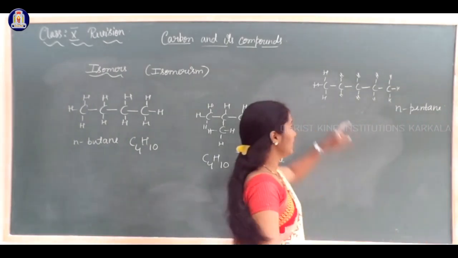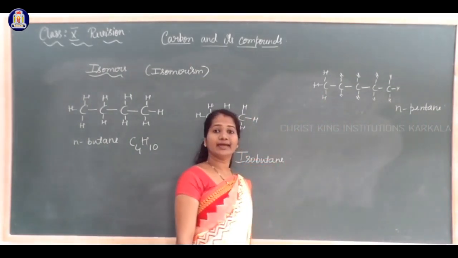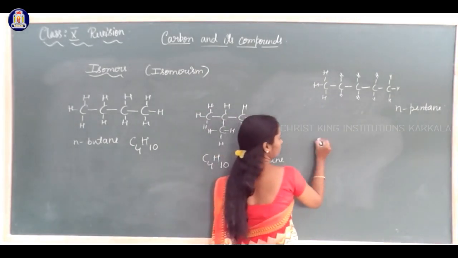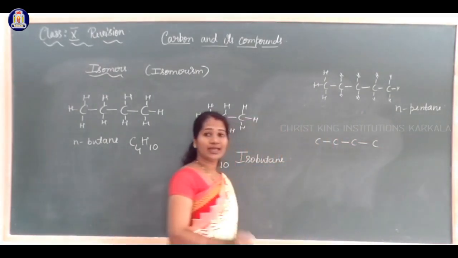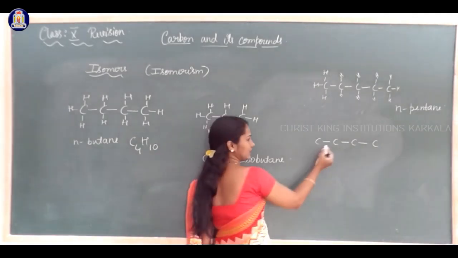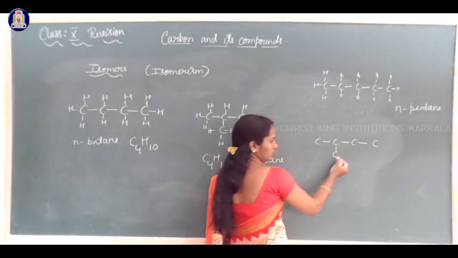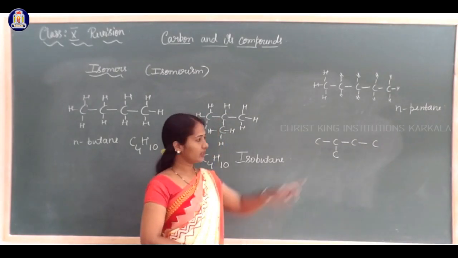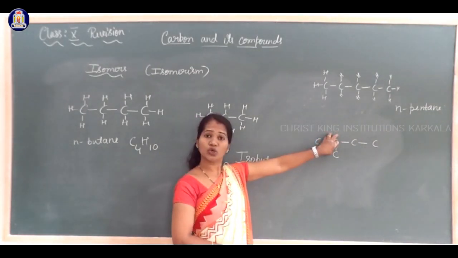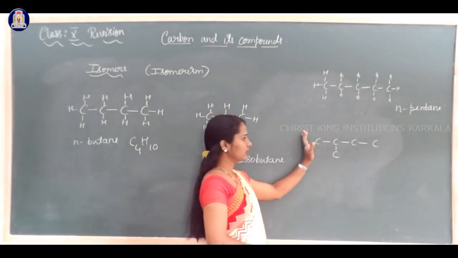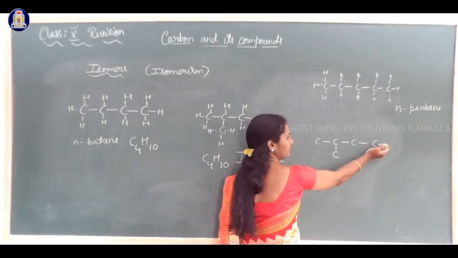But the same pentane structure I can write as 4 carbon atoms in a straight chain, and I give 1 carbon as a branch for the second one. This second carbon you can select from the left side or from the right side.